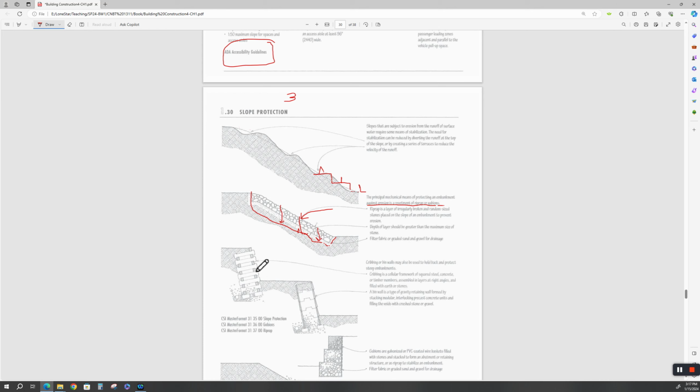All right, this one here is cribbing. So we have riprap, and you have cribbing. Now these are terms that you need to know where to find them. That's a hint. Like crib or a bin wall. If you'll notice, these things are stacked and interlocked. They call it the cellular framework of squared steel, concrete or timber members assembled in layers at right angles and filled with earth or stones.